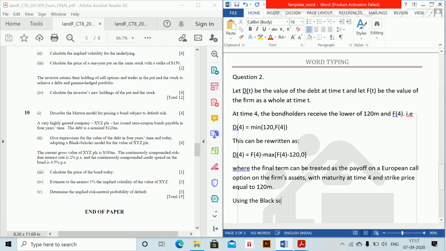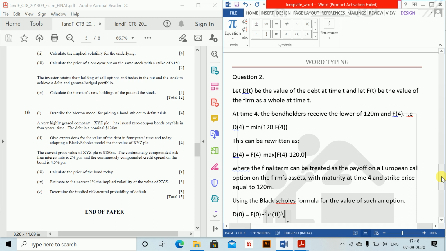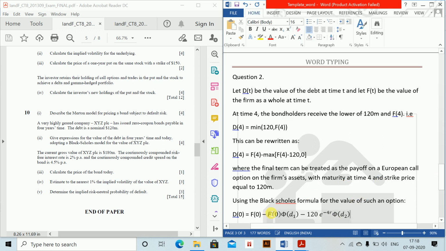Using the Black-Scholes formula for the value of such an option, D0 is equal to F0 minus F0 Φ(d1) minus 120 e to the power minus 4r Φ(d2), and so this had to be in brackets.